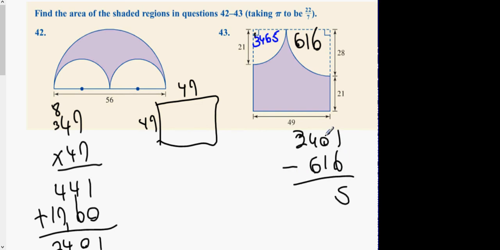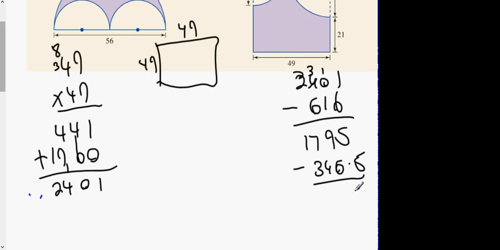What do we get? 5. 1. Carry the 1. 9. Sorry? 9. And 17, right? Yeah. 17. Now what we're going to take away? We're going to take away 346.5. 5. And then what do we get? 0.5.